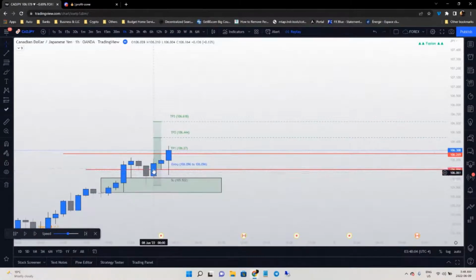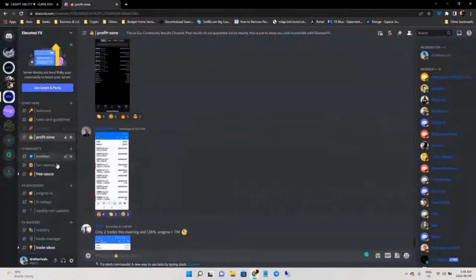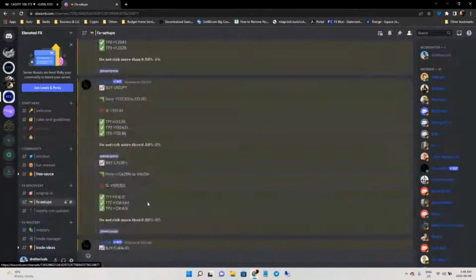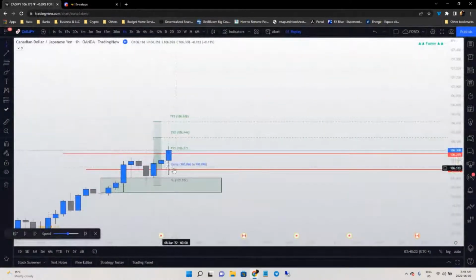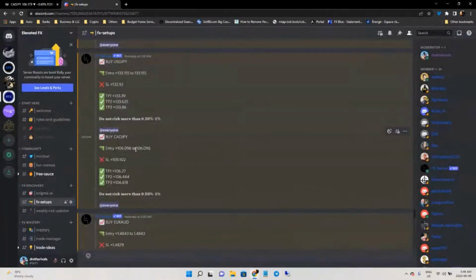Okay. So this is the candle that created the entry price to enter, and this candle is the actual signal. If we go back on the FX setup, the actual signal is here, and you can see that's the exact same price that is shown here. Entry price at 106.0096, stop loss, and your TPs.